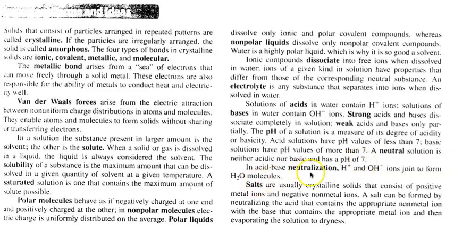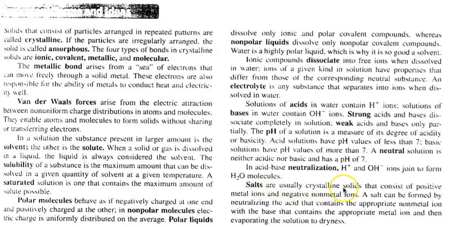In acid-base neutralization, the hydrogen ion and the hydroxyl ion join to form water. You see here, H2O, 2 hydrogens join with 1 oxygen, effectively producing this water molecule. Now salts, so acids, bases, and salts.